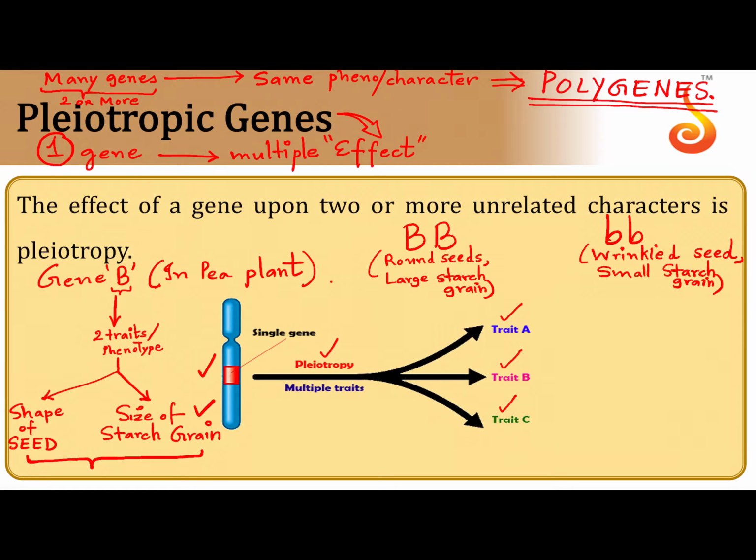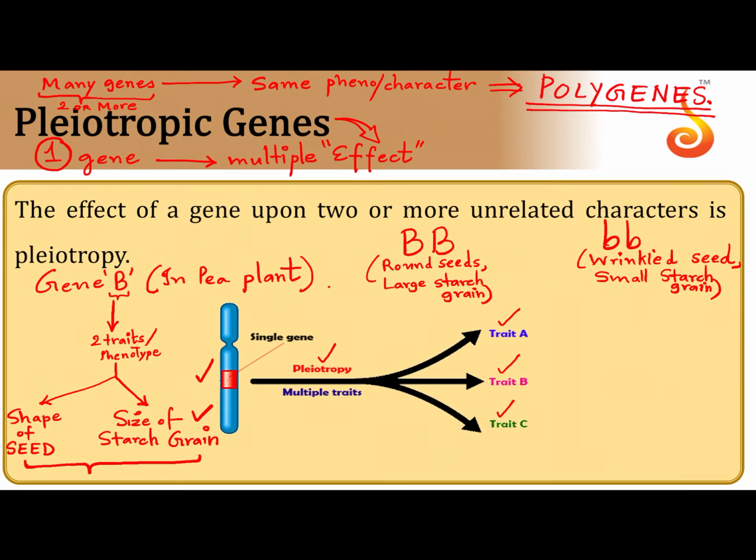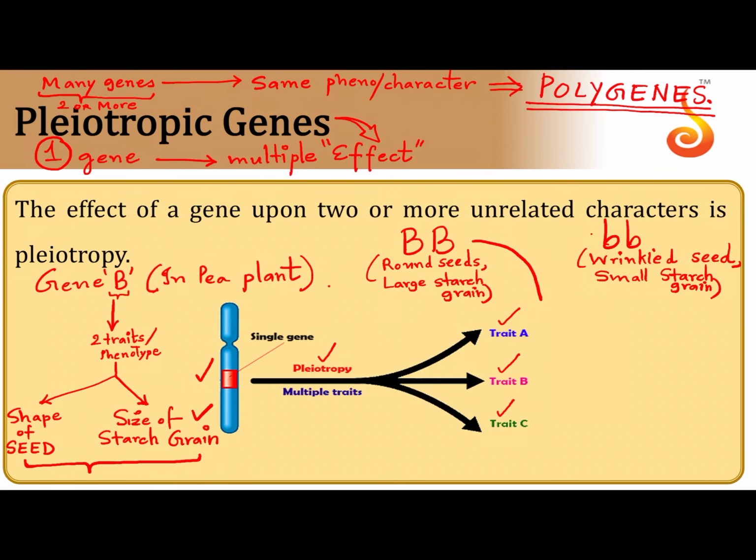So see, there is a gene controlling not only the shape of the seed but also the size of the starch grain. And if you were to cross these two together, homozygous capital B with homozygous small b, you will be surprised, because you will get a heterozygous plant which has round seeds, all right, but it has intermediate sized starch grain. See how peculiar the results are.